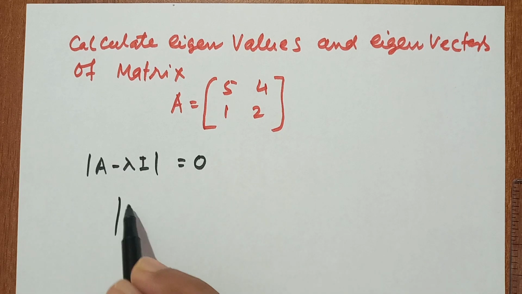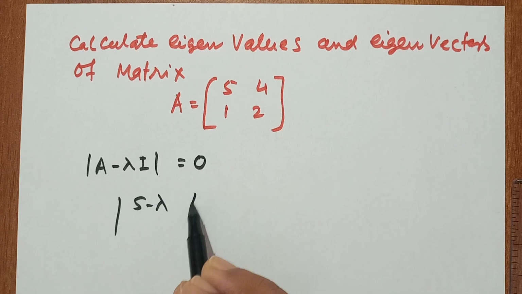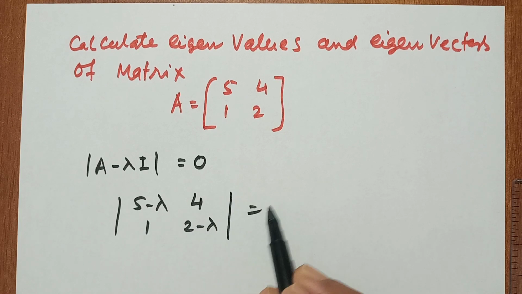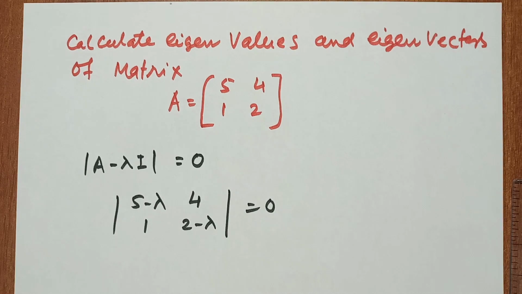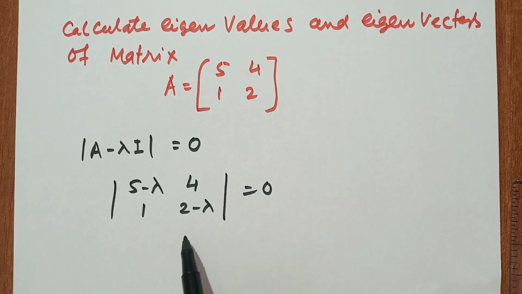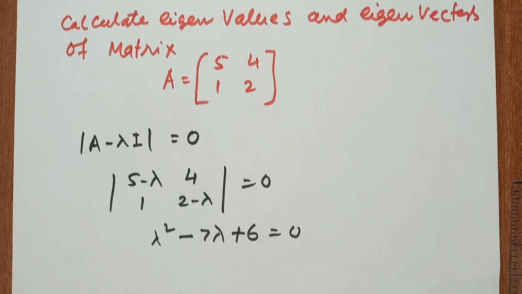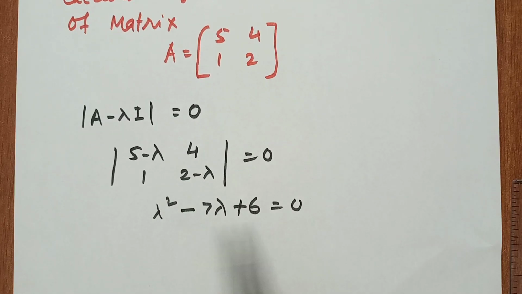So 5 minus lambda, 4, 1, 2 minus lambda equal to 0. I am going to put in this equation directly because I have solved the same equation before. So we get lambda square minus 7 lambda plus 6 equal to 0. This is called the characteristic equation.